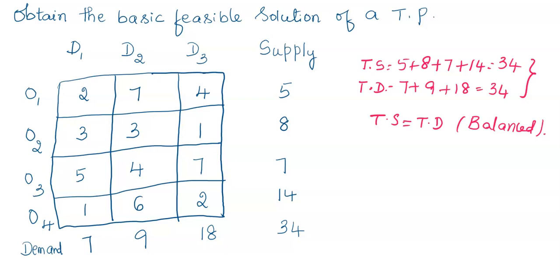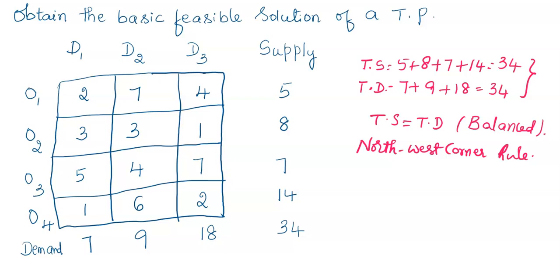So now we are going to solve this problem by using the northwest corner rule. In the northwest corner rule, we have to concentrate on this matrix, and see which part comes to the northwest corner. So the northwest corner in this matrix is 2. We have to observe along the supply as well as demand, which one is the least. So supply is least when we compare with the demand.